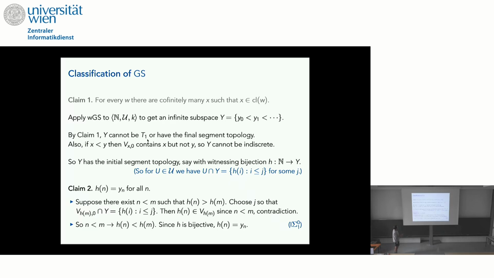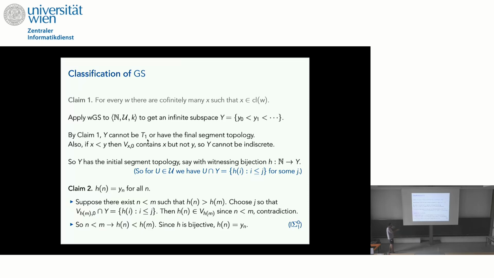And the claim is that if we look at this Y and we enumerate its elements y0, y1, the only thing H can do is just list out the elements. It can't jump around in the natural order. H of 0 has to be the least element, H of 1 has to be the next largest element, and so on. It's the only possibility. So this is a very nice kind of order preserving bijection, in the sense of the natural enumeration of Y.